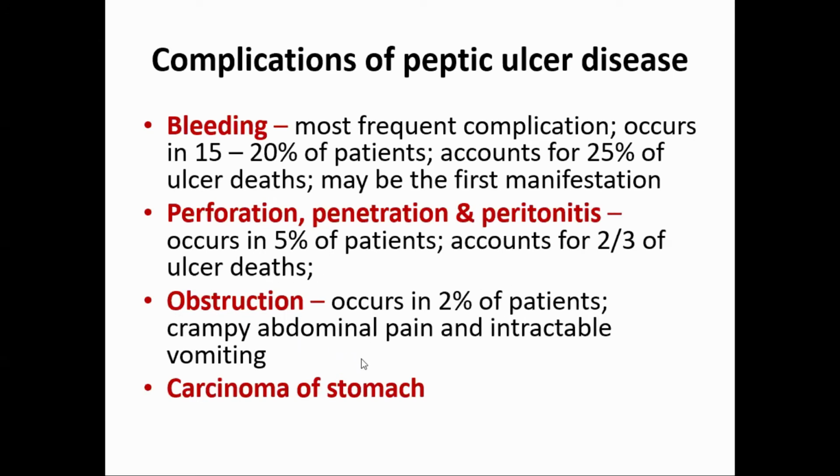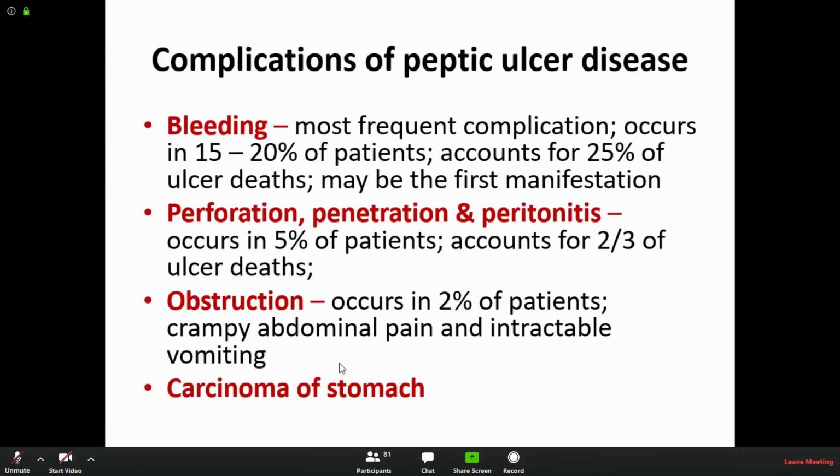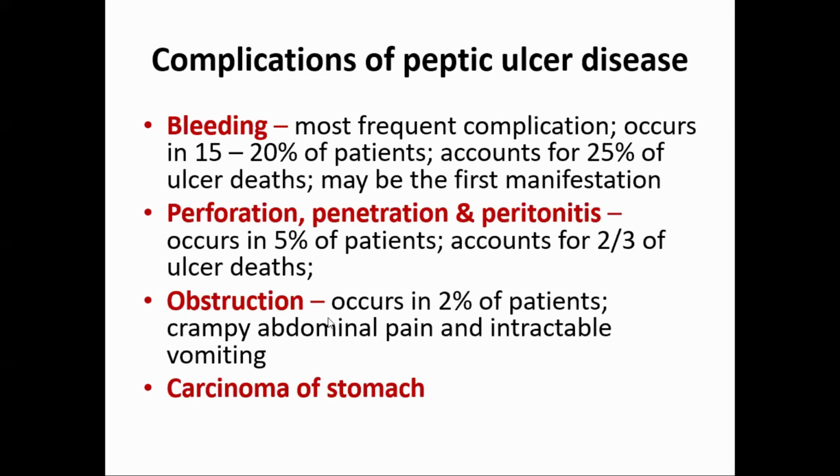Because of fibrosis and stenosis of the antrum or the pyloric junction. So there will be obstruction, and the gastric content will not pass easily to the duodenum. That will lead to intractable vomiting, meaning continuous vomiting, because nothing is passing down to the duodenum. Whatever you eat or drink will be thrown out by vomiting.